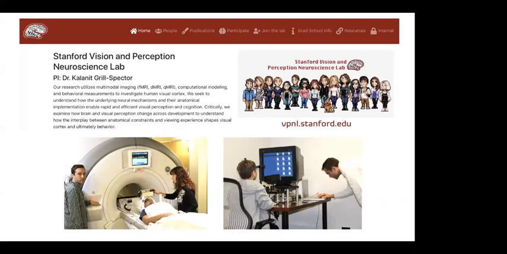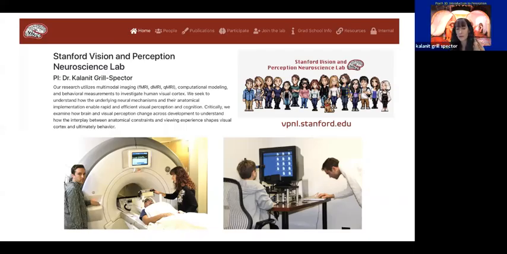Another line of research in my lab is looking at how your experience, especially your childhood experience, affects your brain and consequently your perception. A recent study that we published several years ago has shown that if you spend a lot of time as a kid playing Pokemon on your Pokedex, you will generate new representation of Pokemon in your brain.